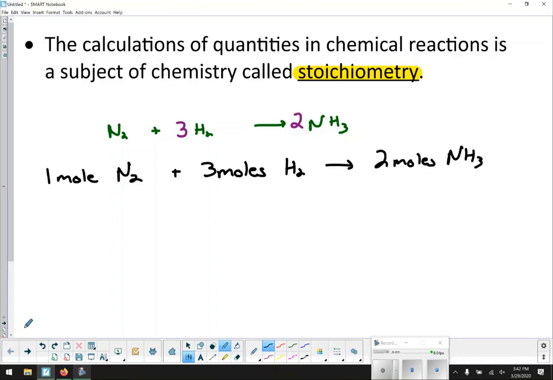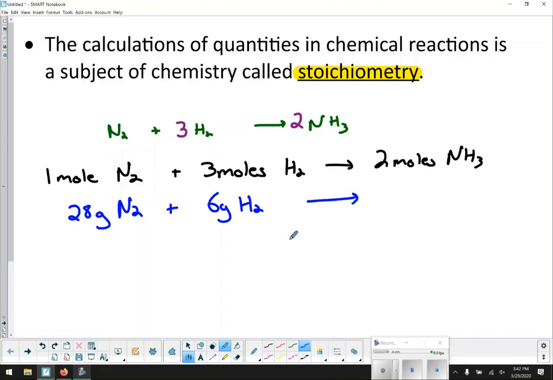But if this tells us how many moles of each thing there are, it can also tell us how many grams. So if we're going with 1 mole of N2, and I'm going to be abbreviating a little more, rounding a little more than usual just for the sake of clarity, that's 28 grams of N2, plus 3 moles of H2, that's 6 grams of H2.